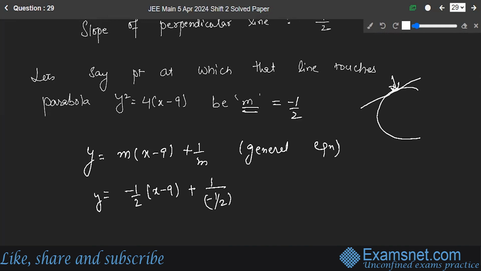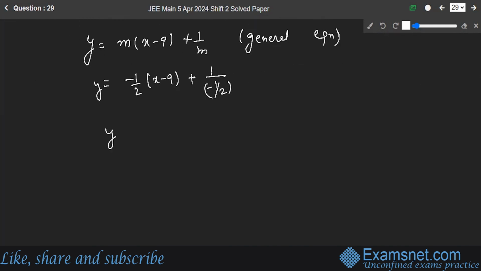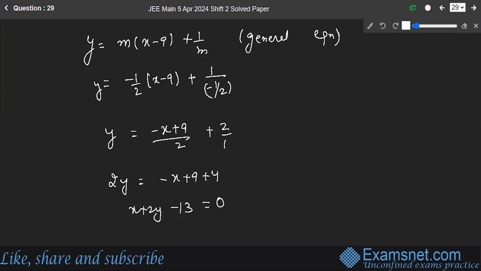This is equal to y, or y will be equal to minus x plus 9 upon 2 plus 2 upon 1. Or you will have 2y is equal to minus x plus 9 plus 4. Or you have x plus 2y minus 13 is equal to 0.